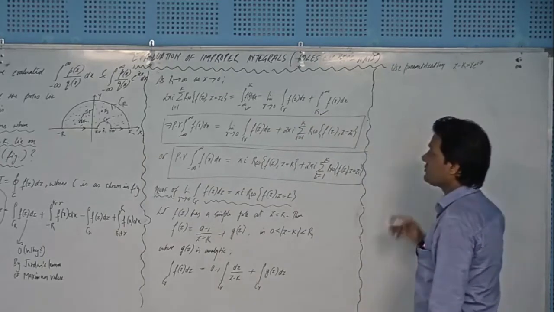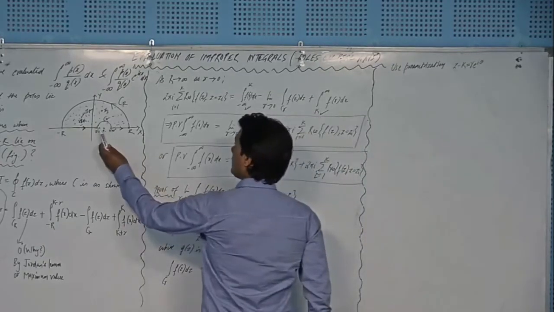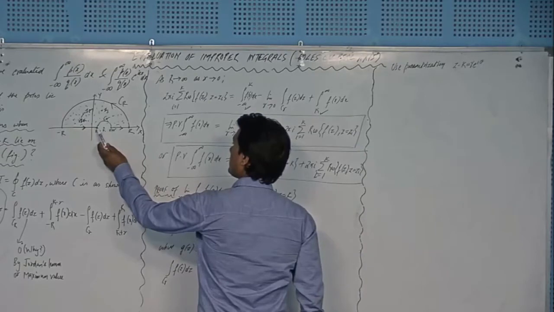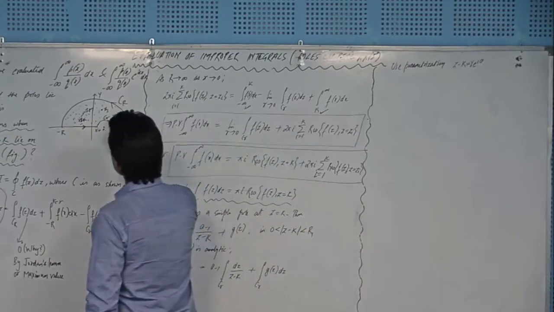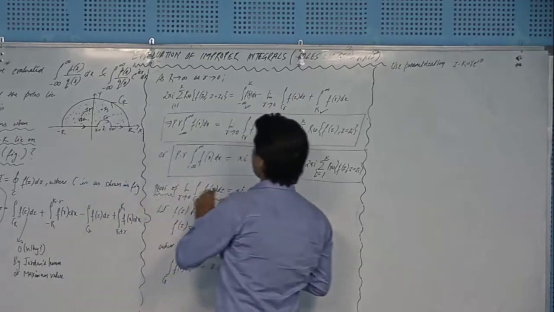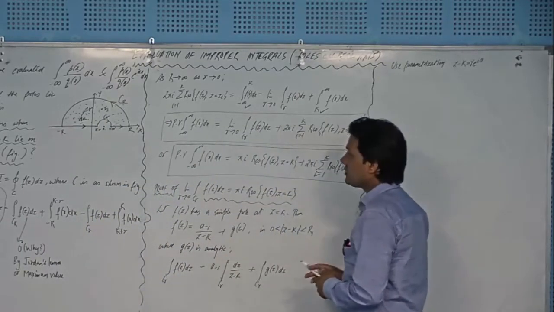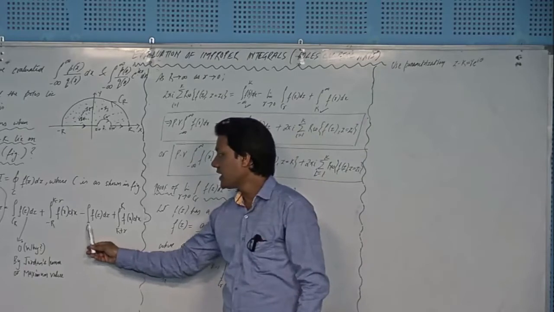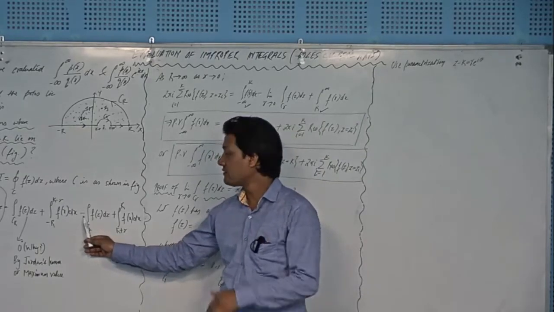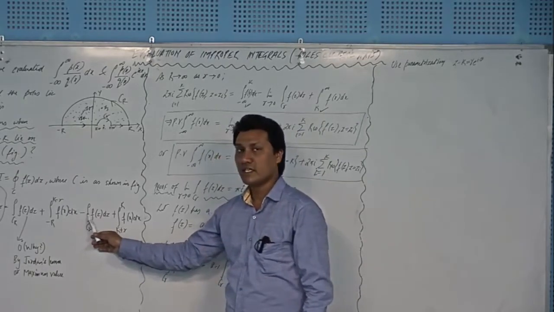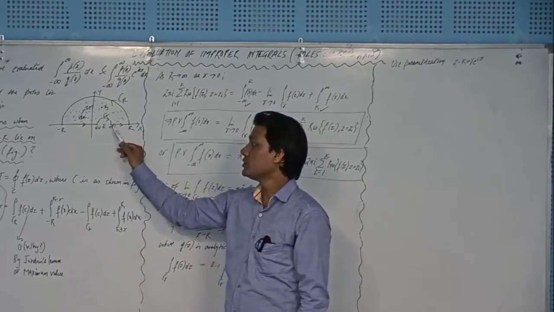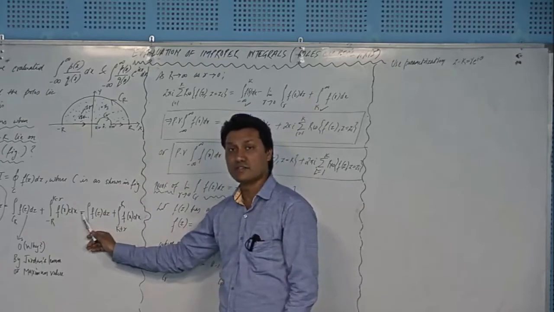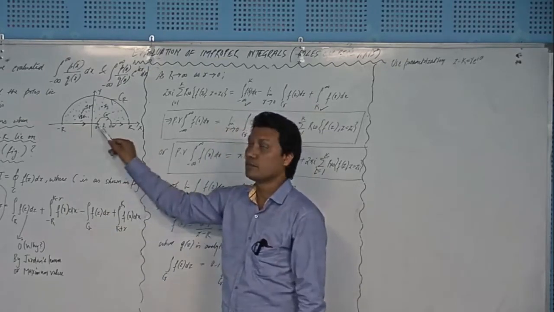And theta varies from pi to 0, because we are tracing this semicircle in reverse direction. But originally this term was occurring here, and I have already considered the minus sign, which was due to the angle pi to 0.